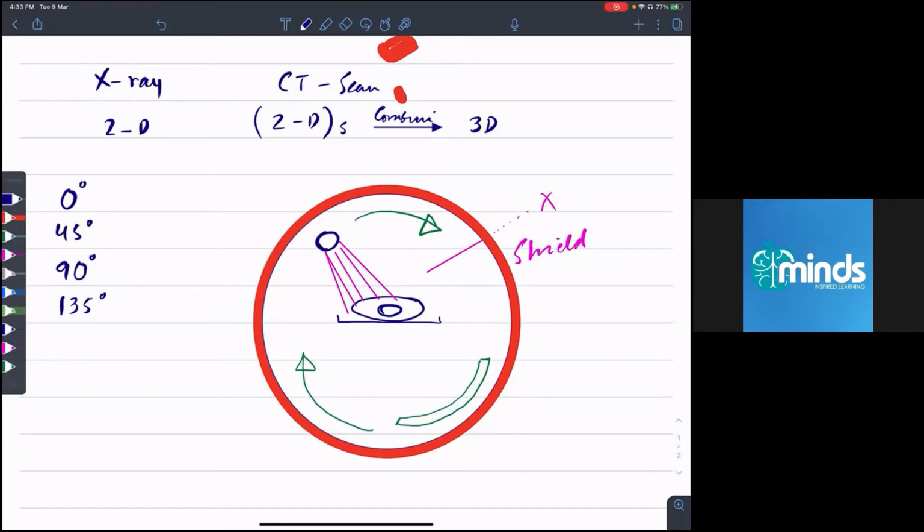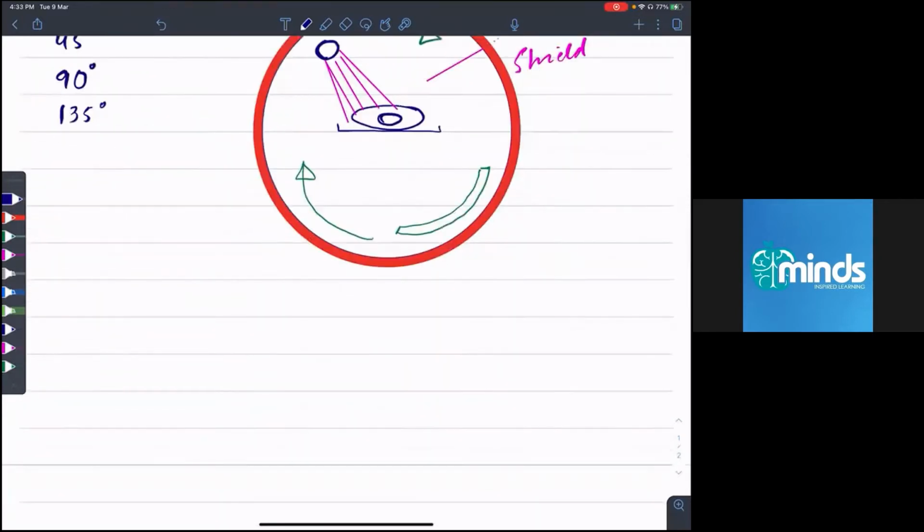And why do we do so? To obtain several two-dimensional images of the same organ or same section of the organ, so that you can combine those images to obtain a three-dimensional image. So how do we do so? Now listen very carefully, because this technique is very difficult to perform, but very easy to do on paper. So obviously you will get to know how to calculate it.